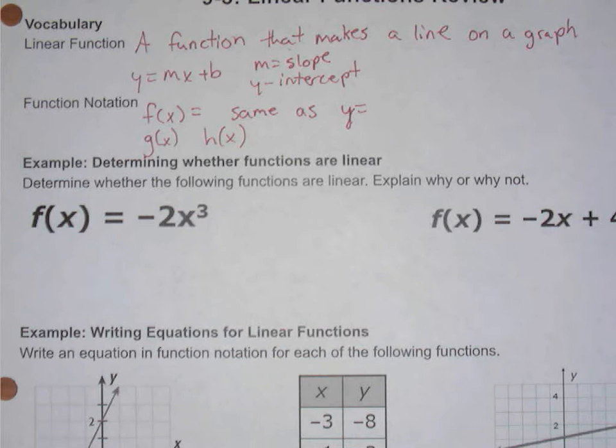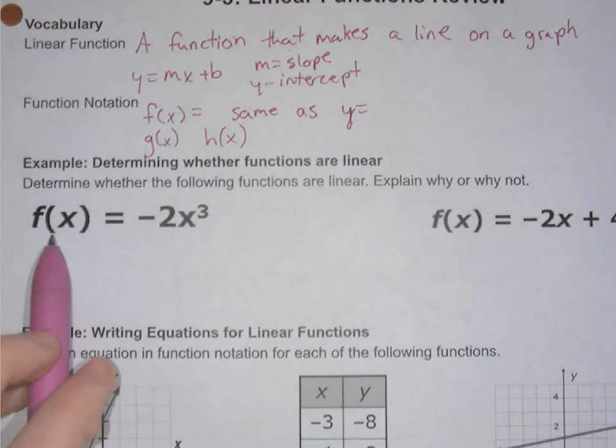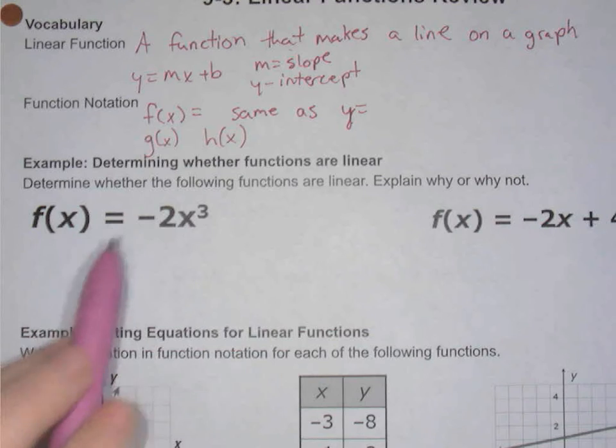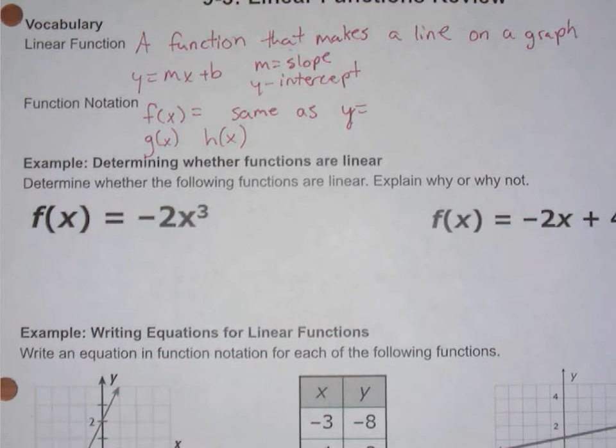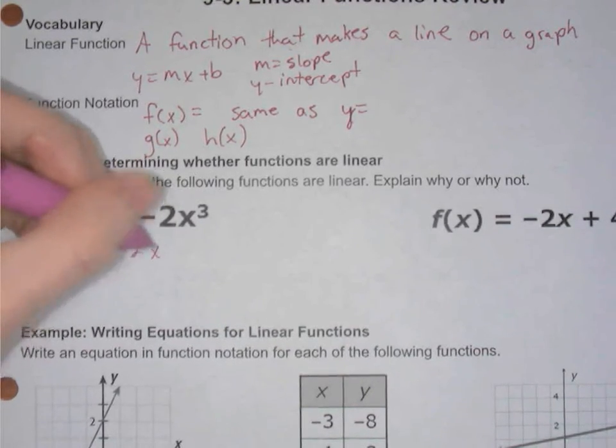So now remember that linear functions must be able to be written in y equals mx plus b form. So if we take a look at our first function here, we've got f of x equals negative 2x cubed. Well, we know f of x is the same thing as y equals. We can rewrite this as y equals negative 2x cubed.